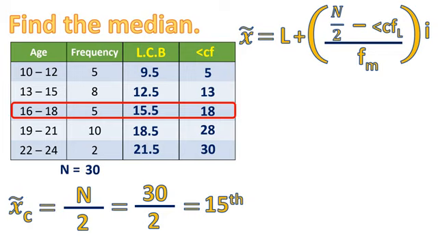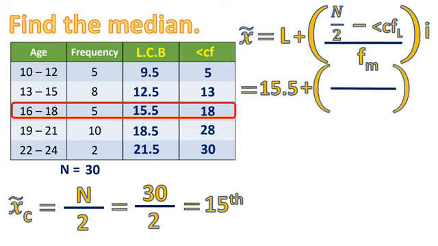So let's continue. Substitute. The lower class boundary is 15.5 plus. So let's put those symbols, parentheses, and the vinculum. And then we'll move to n over 2. So n over 2 is actually the median class, where we have that, which is 15. 15, but we will not include the th because we just need the value. 15 minus, now it's the lower less than CF.